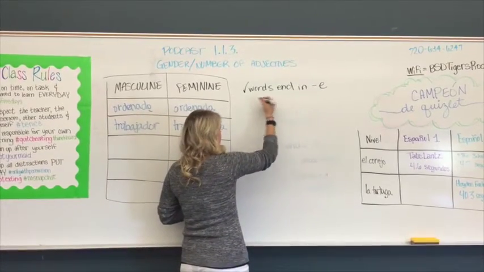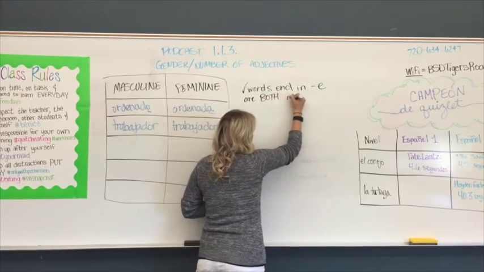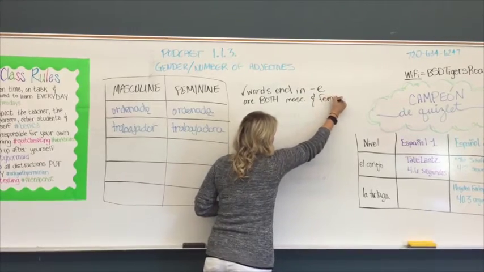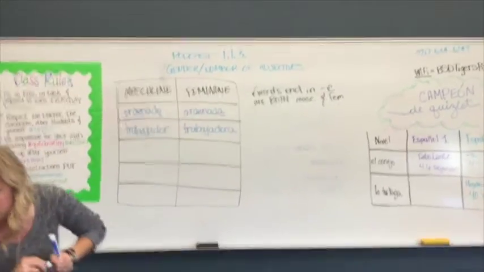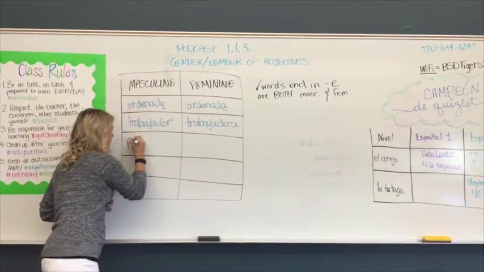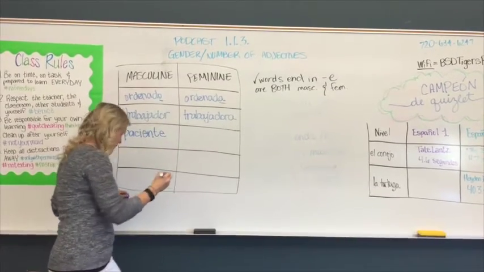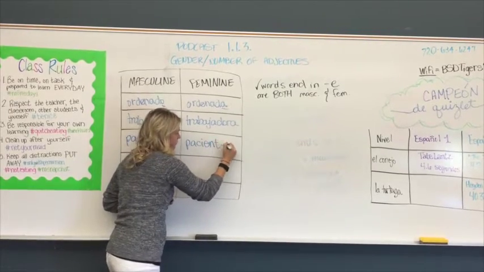So words that end in E are both masculine and feminine. Okay, for our chart, my example is paciente. You can say Paco es paciente, and you can also say Margarita es paciente.